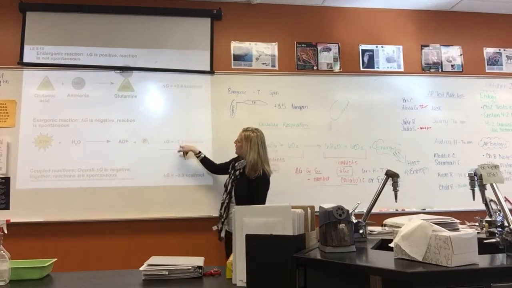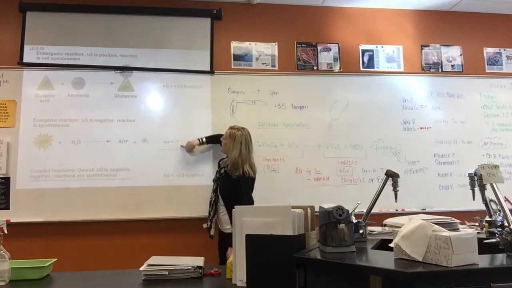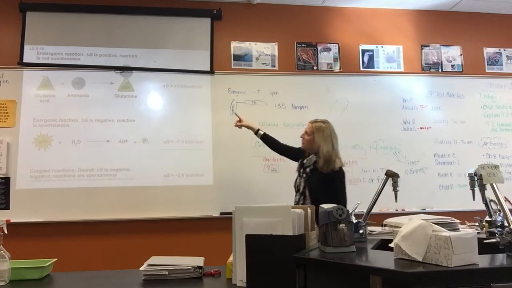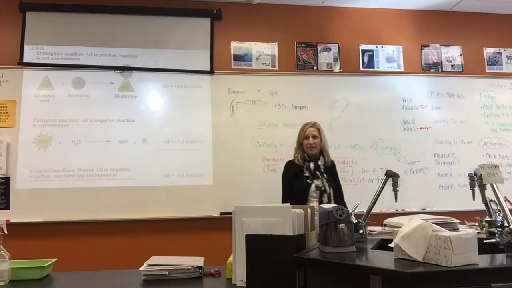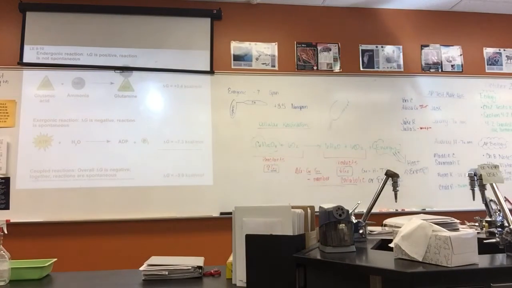So when we break down ATP, 3.4 of this amount of energy can be used to drive that endergonic reaction. That means that collectively we have an excess of energy, 3.9. So those two coupled together would be considered exergonic together, because we collectively have a release of energy. All right, this is a good place to stop for today.